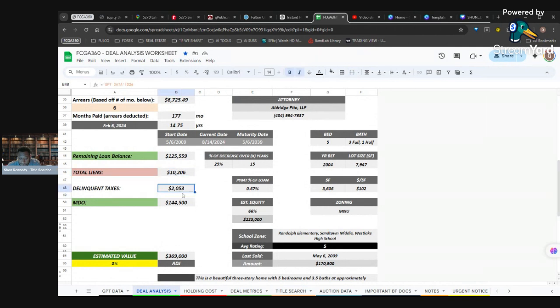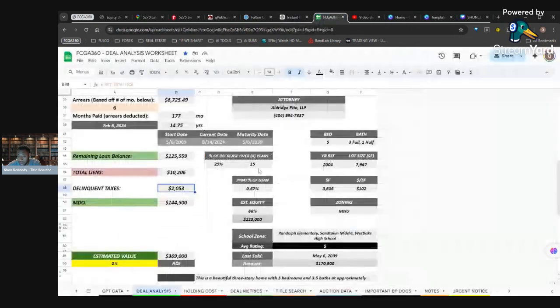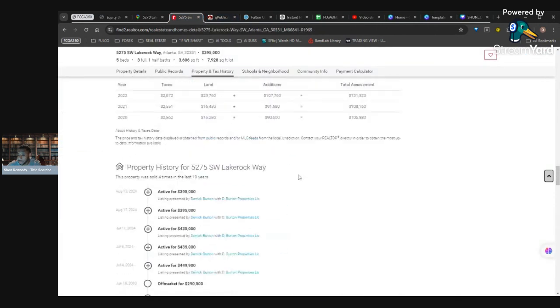They said he have delinquent taxes of $2,000, but on this tax bill, they paid it off. So we can go ahead and just keep it there to be conservative, but looks like they paid off their taxes for this year. And the minimum debt owed would be $144,500. The estimation is $369,000. I think that's how much they were listing it for.